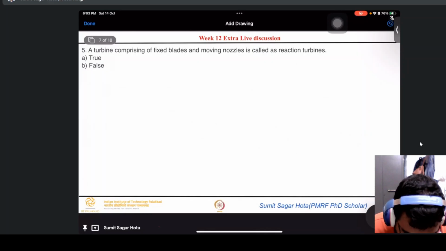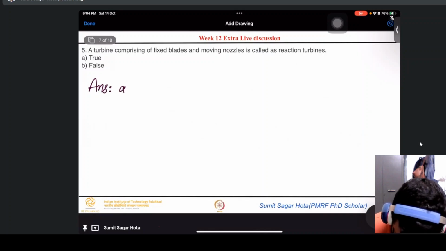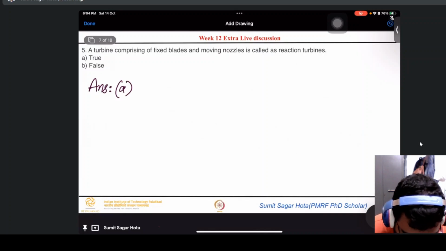A turbine comprising of fixed blades and moving nozzle is called a reaction turbine. Absolutely correct statement. Reaction turbine means what?